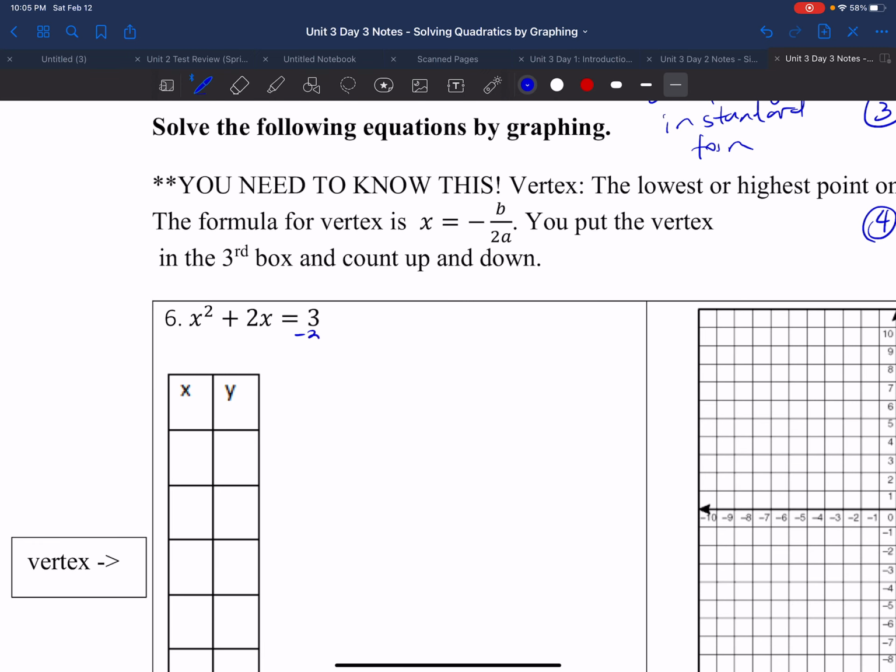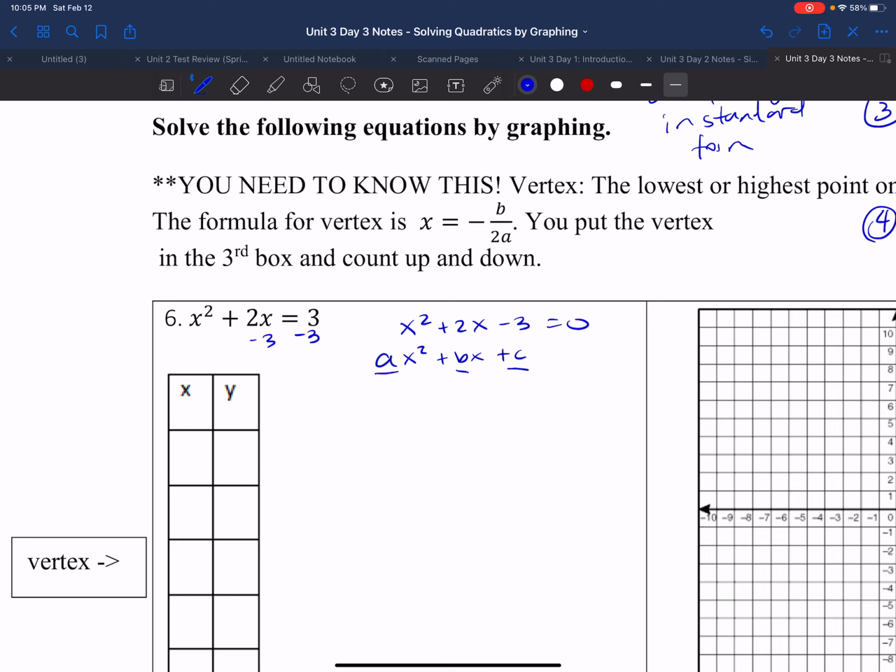So I need to subtract both sides by 3, and I'm left with x squared plus 2x minus 3 equals 0. And then I can go ahead and figure out my vertex. So how do I know what b and a are? Remember, it's in the form ax squared plus bx plus c.